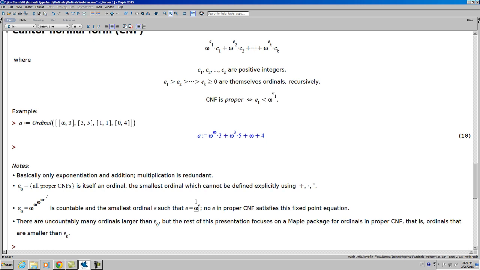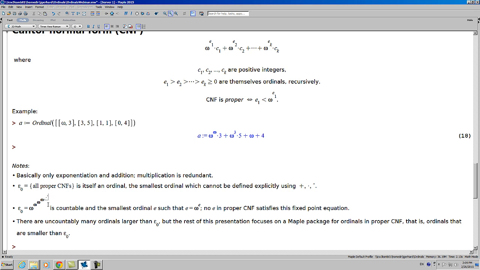I already mentioned that there are ordinals for which this equation does not hold. You can see one here. What I meant is for which this inequality doesn't hold, but instead equality holds. And the smallest such ordinal is called epsilon 0. One representation for that is to say that it is the set of all proper ordinals.